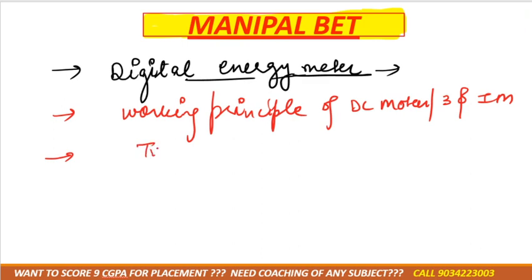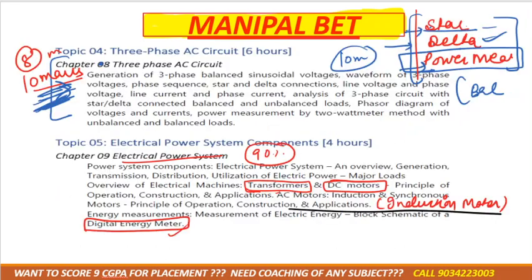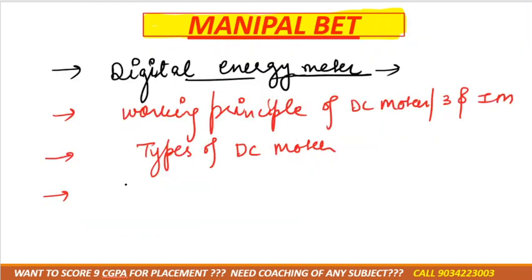Next important question is types of DC motor. Next important question is about the transformer, that is types of transformer and single line diagram.